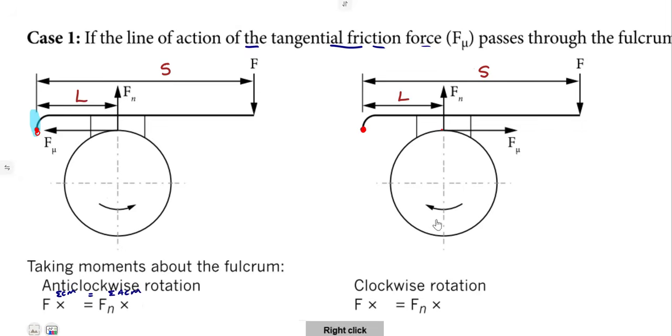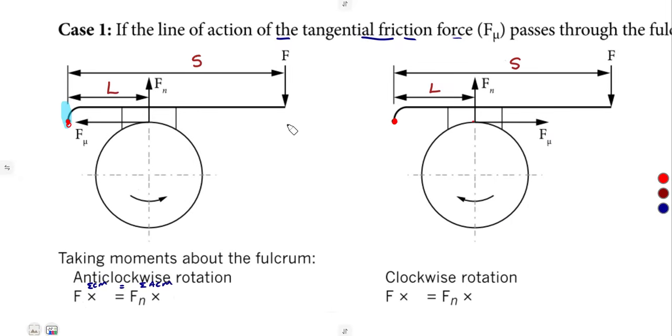So if you consider the clockwise, it is going to be F times the distance back to the fulcrum, which is S, so F times S. Then in the anti-clockwise, we're going to have Fn going to the fulcrum in that direction. So this will be anti-clockwise.